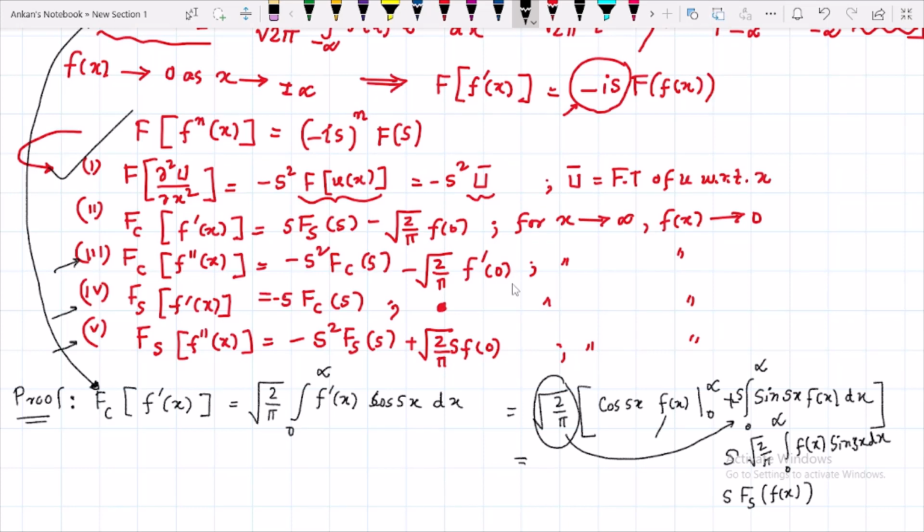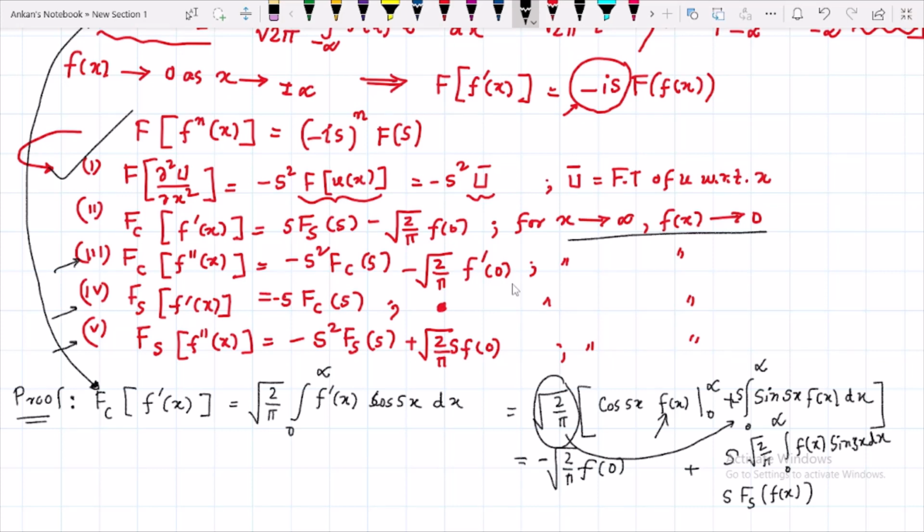Now if you put infinity in the position of x in f(x), then you will obtain 0 for this condition. If you put 0, then this will be f(0), so f(0) multiplied by root 2 by pi, and this is the lower limit, so this should be negative.